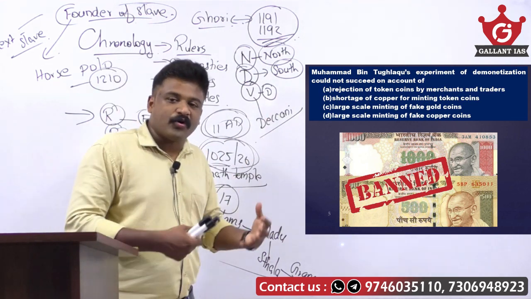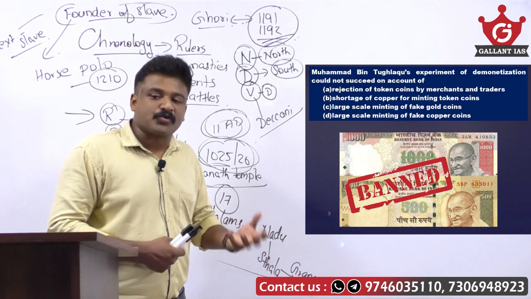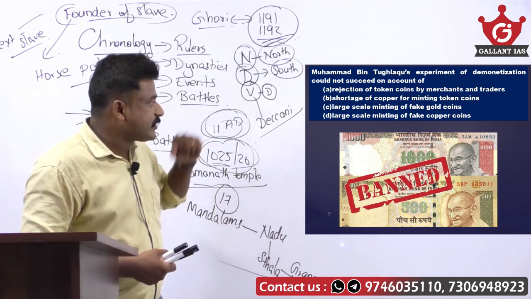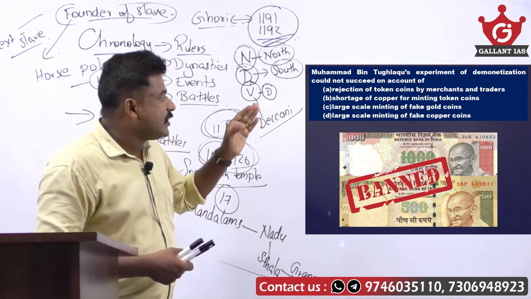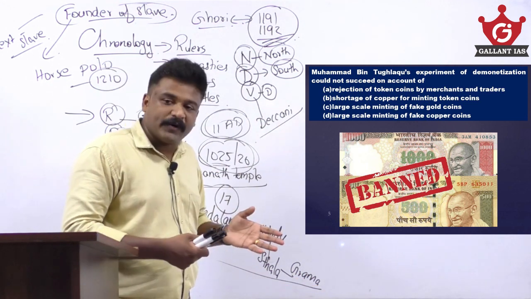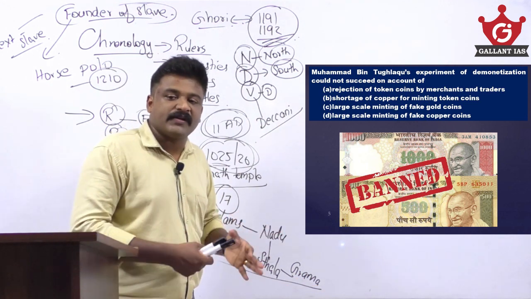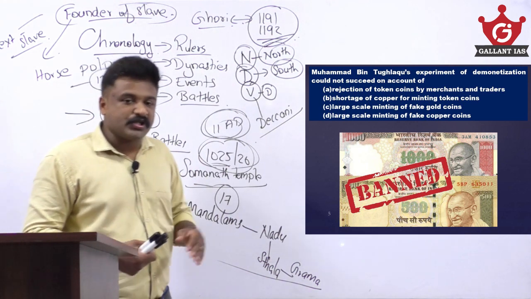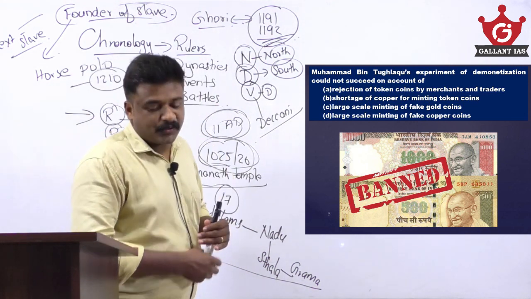Instead of silver, he introduced copper and brass coins, but it was a failure. The major reason was large scale minting of fake copper coins, because of which his demonetization policy failed.